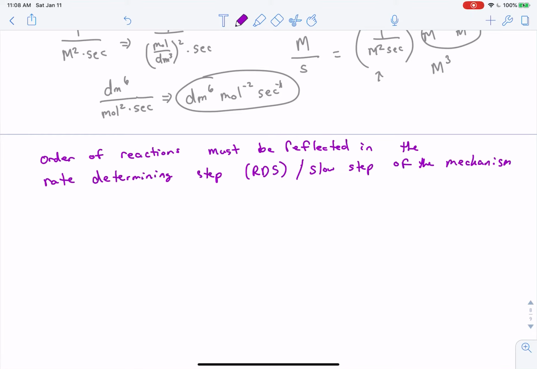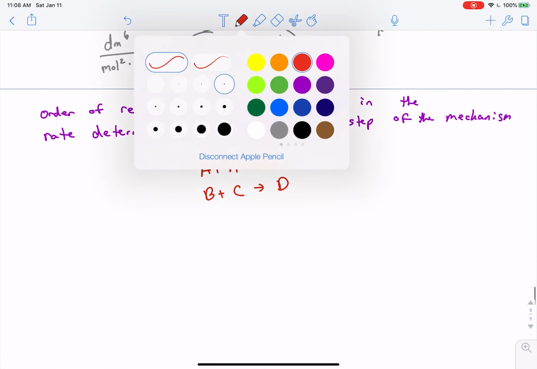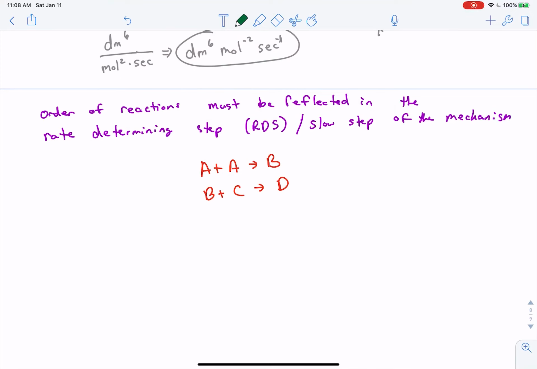And so what I mean by it is this. Let's look at a reaction like this. Let's say this is a 2-step mechanism, and the overall reaction here is 2A plus C yields D. If my first step is the slow step, then my rate law better reflect those reactants in that slow step.